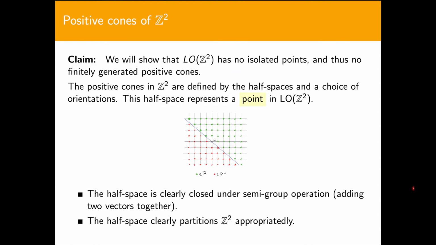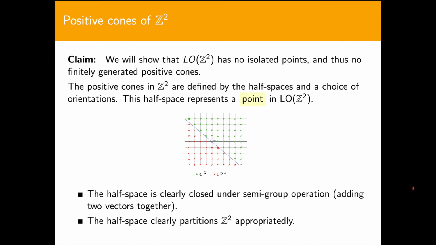So our claim is that L of Z squared has no isolated points, and thus no finitely generated positive cones. Well, the positive cones of Z squared are defined by half spaces and a choice of orientation. For example, this half space: we have a slope and we have a choice of orientation, so we take all the points above the slope.